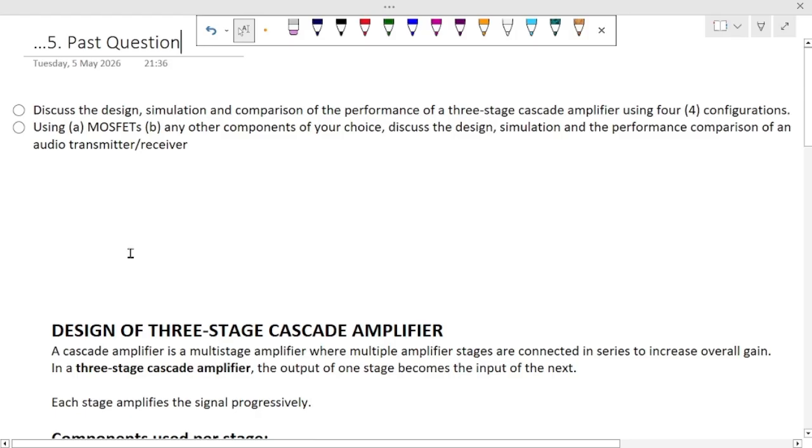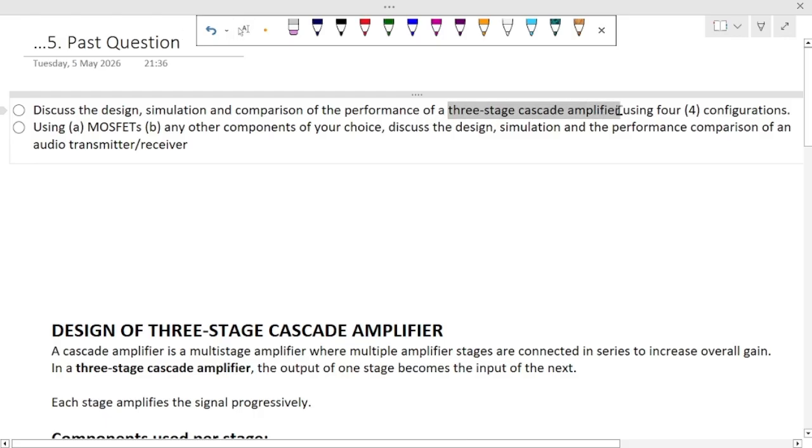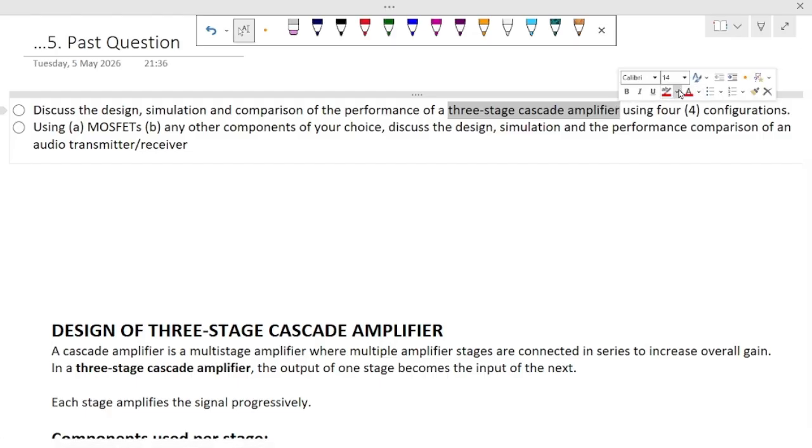So in this past question, of course, we are going to talk about this, which is in two parts. The first part is to discuss the design, simulation and comparison of the performance of a three-stage cascade amplifier, using four configurations.